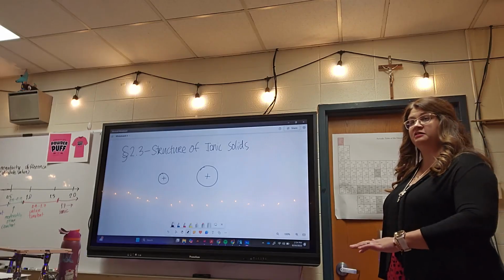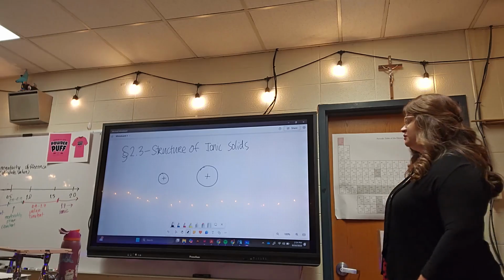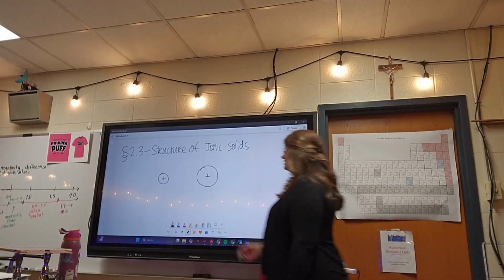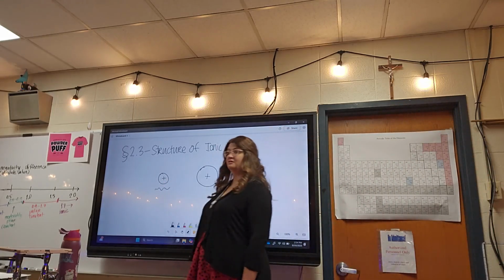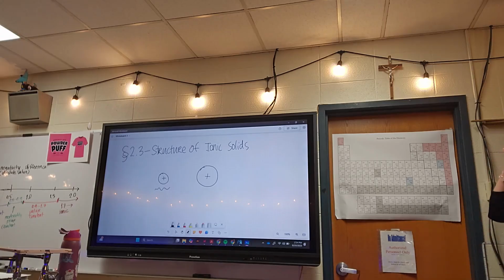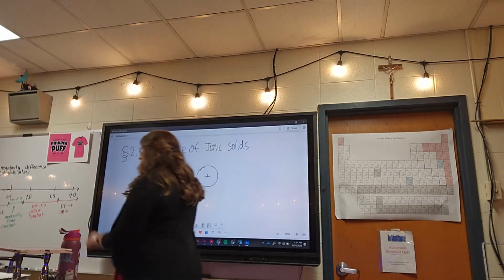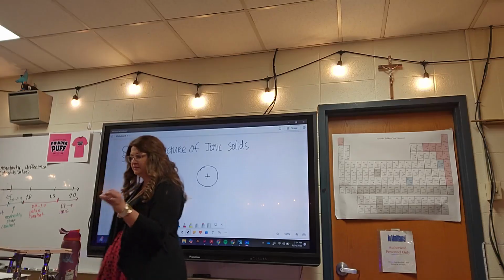Who votes for left? Who votes for right? Which one is smaller? It actually means the size. The one on the left is smaller. So you have to pay attention to the little details.